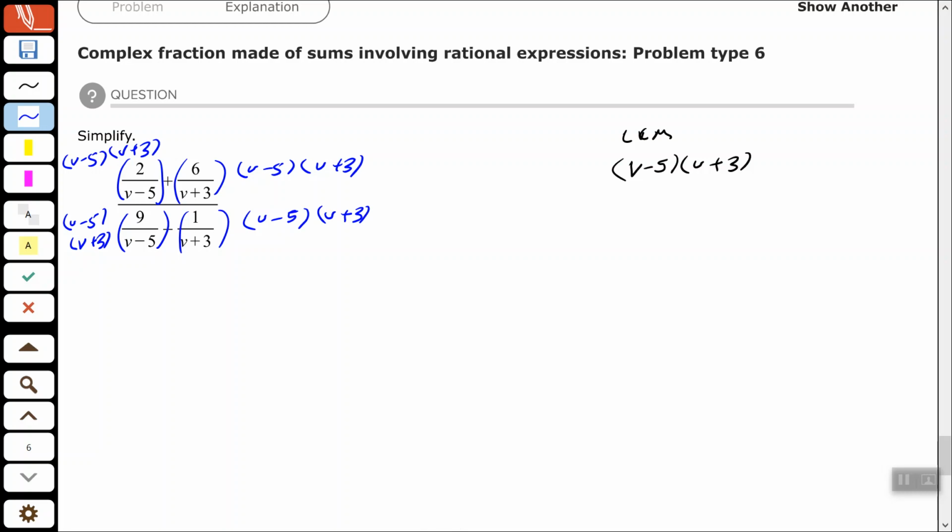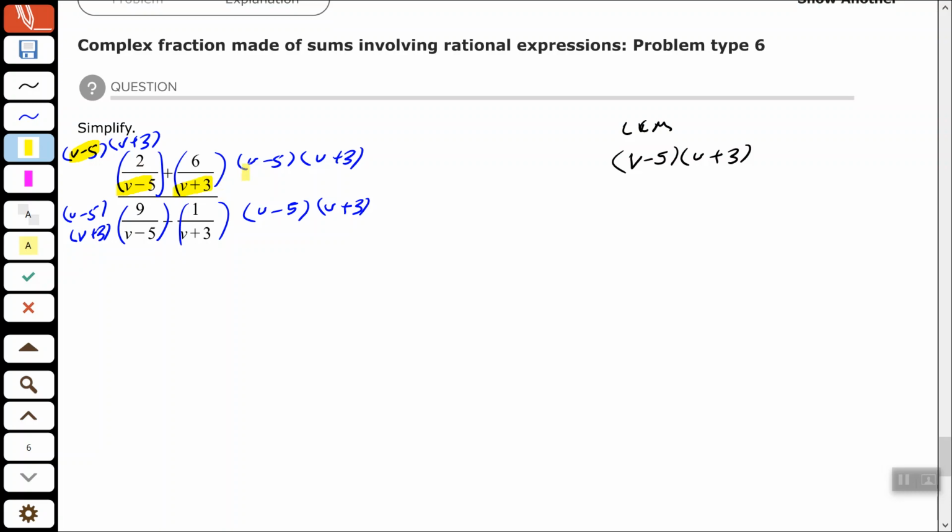So after I multiply each one of those, I go back and check and see what I can cancel, because the whole reason we're doing this is to get rid of those mini fractions, those small fractions. So first fraction, I can cancel the v minus 5. Second fraction, I can cancel the v plus 3. At the bottom, I can cancel a v minus 5 and then a v plus 3.